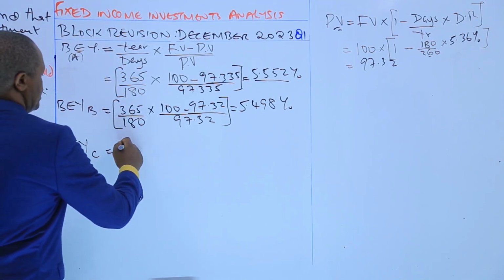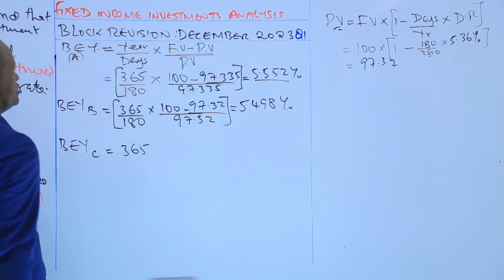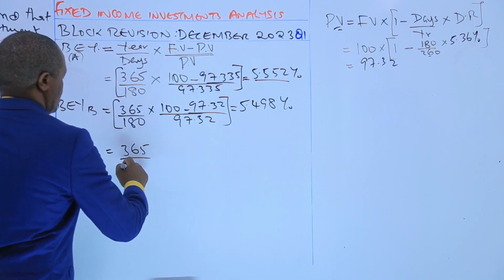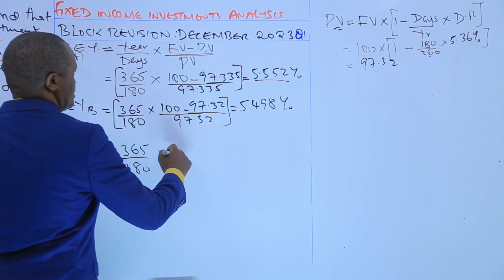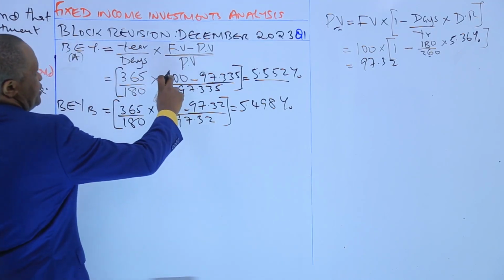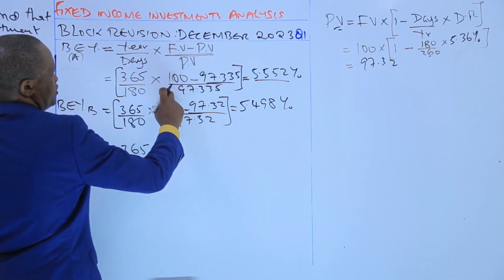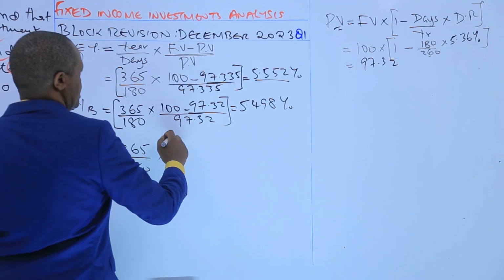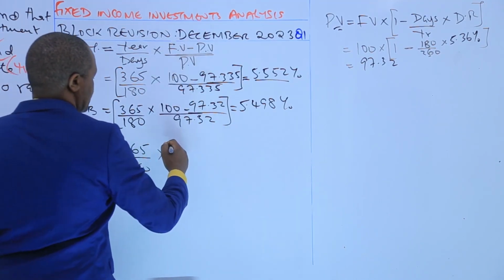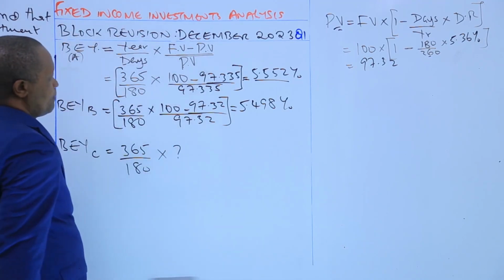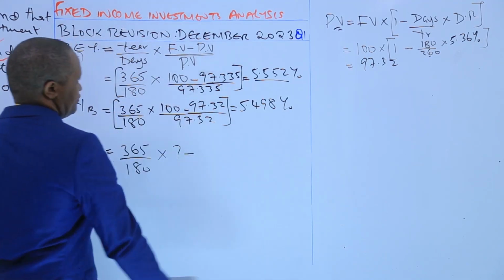This will be equal to 365 divide 180 times the future value, which in this case is not known, minus the present value.